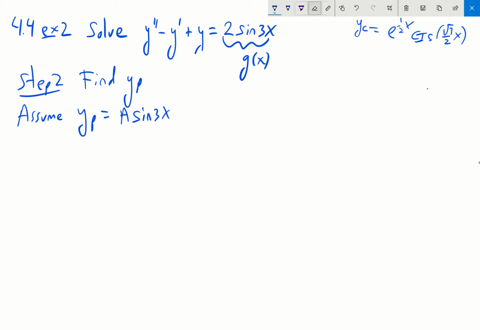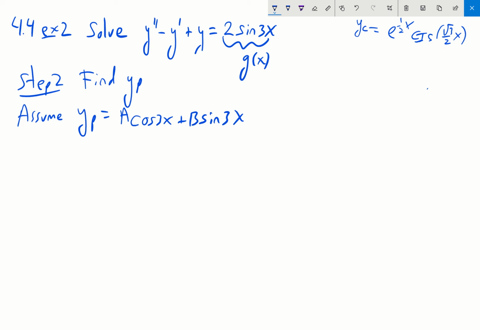Technically we usually put cosine first when we write these out, so I'll stick with convention. The reason we include the cosine is that the derivative of sine is cosine, so it's very likely that a cosine term will make its way into our particular solution, and in general this will always be the case. If your g of x is a constant times either sine or cosine, always include both that function and the other one along with it.